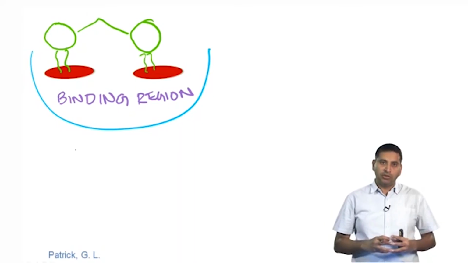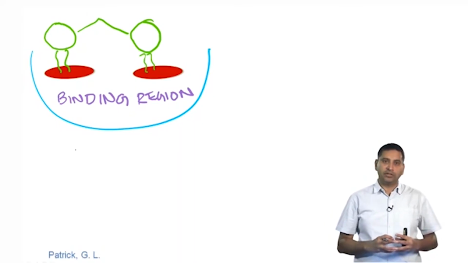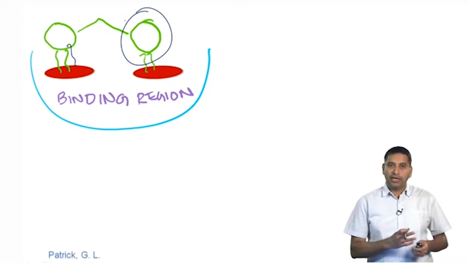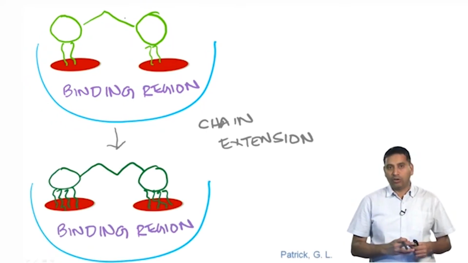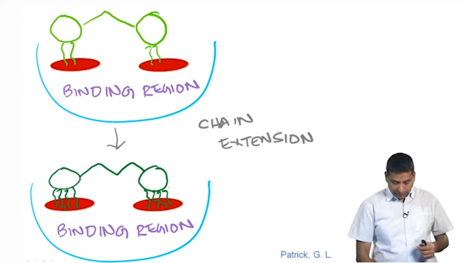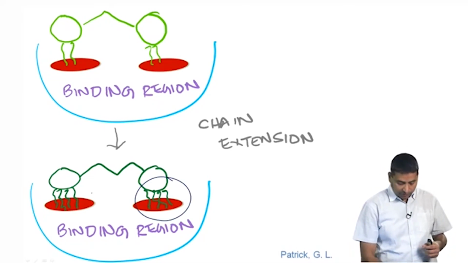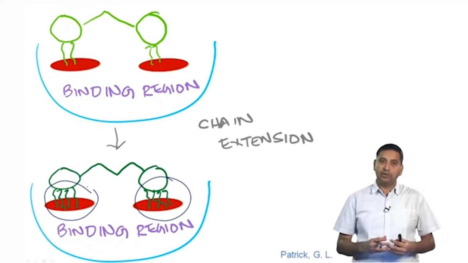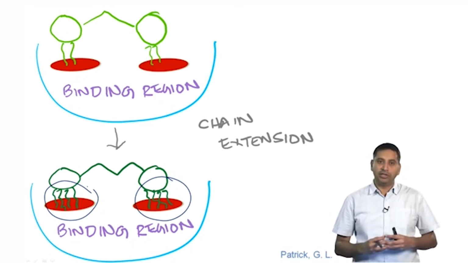It is possible that one of the regions that is bound is quite strong, whereas the other region is relatively weakly bound. By extending the chain, what we may be doing is increasing the number of interactions that may occur. This is one of the strategies that is frequently employed to improve binding to the particular region of interest.